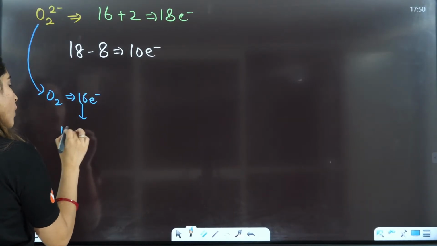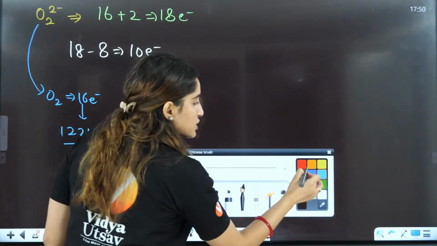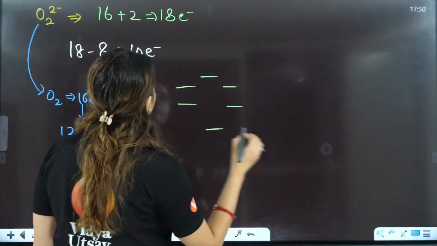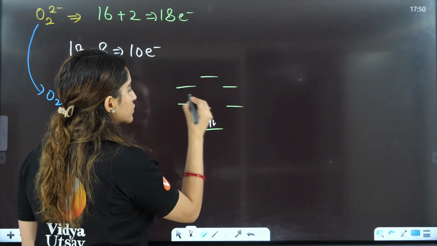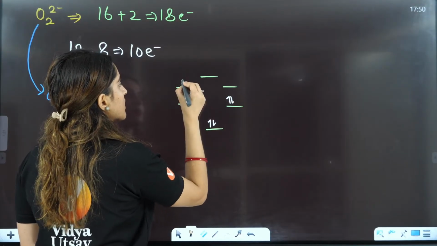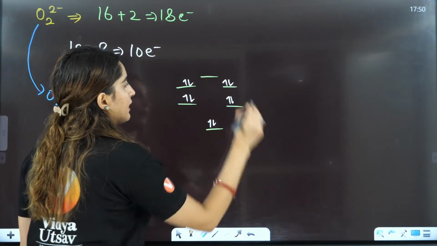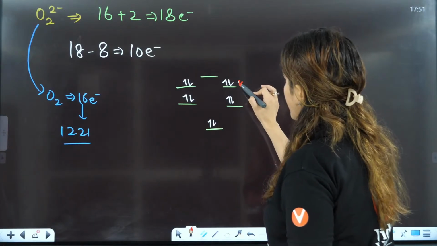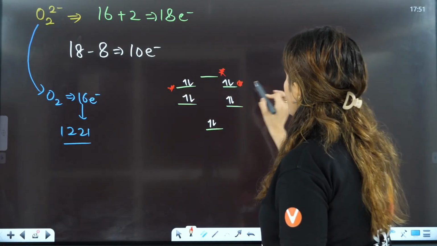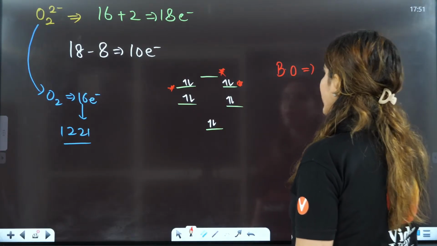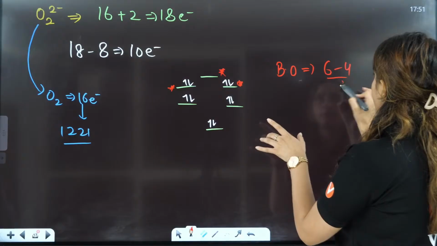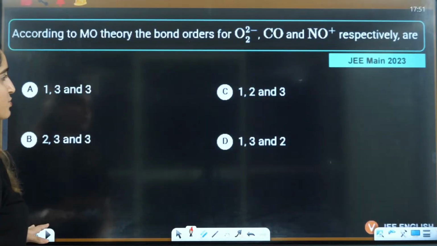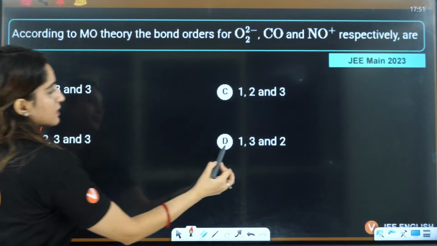So you will apply 1, 2, 2, 1 here, and you need to fill 10 electrons. 1, 2, 3, 4, 5, 6, 7, 8, 9, 10. We know the first 2 are always bonding, and the last 2 are always antibonding. So bond order is bonding minus antibonding, so it will be 6 minus 4 by 2, that is 2 by 2, that is 1. So for O2 2 negative, the bond order is going to be 1. So this is eliminated.